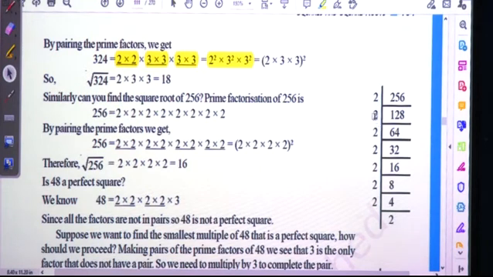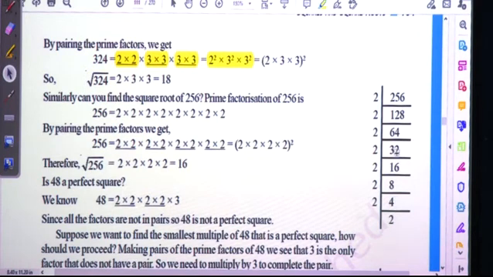Again we can divide by 2, 2 6s are 12, 2 4s are 8, again by 2, 2 3s are 6, 2 2s are 4, 2 16s are 32, 2 8s are 16, 2 4s are 8, 2 2s are 4.